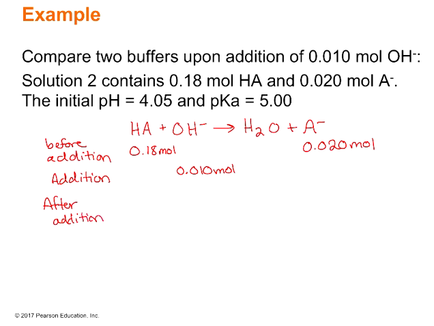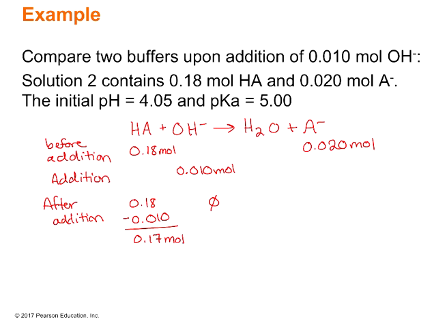And then after the addition, we know that the weak acid and strong base are going to completely react with each other. So we can subtract the amount of strong base from the initial amount of acid, and what's left over is 0.17 moles of acid, and we're not going to have any hydroxide ions left over because they all reacted.